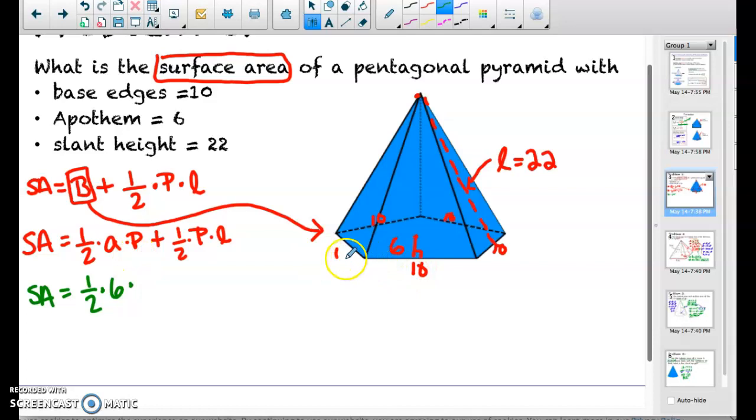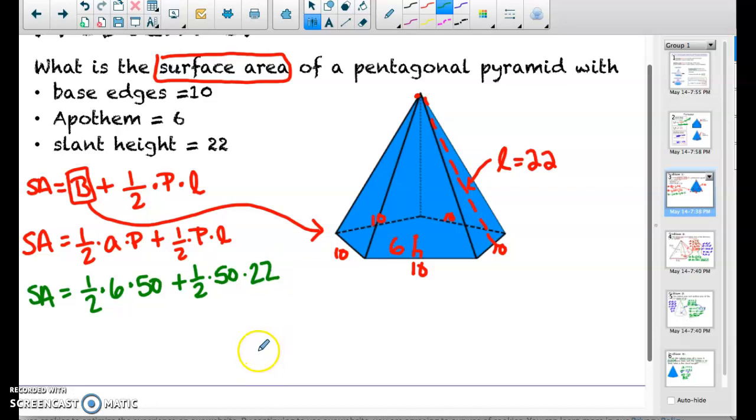Now, if I were to walk all the way around this base, I would end up traveling a distance of 50, because 10 times 5 is 50. So 50, add to that 1/2 times the perimeter of the base again, 50, times that slant height. They gave us the slant height here, 22. So all I have to do is plug it in.